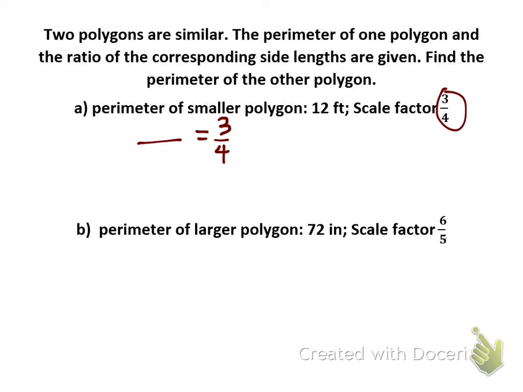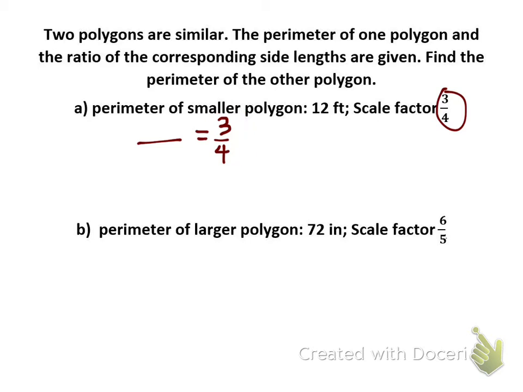Whatever the perimeter of the second polygon is, it will be in proportion to the first, and that proportion is 3/4. Our proportion is going to look like this. So our fraction is 3/4.